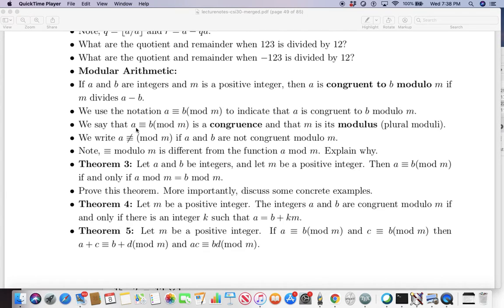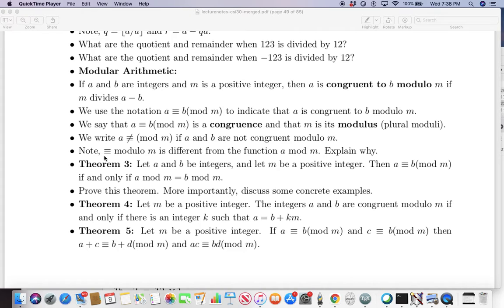We say that a ≡ b (mod m) is a congruence and that m is its modulus. The plural of modulus is moduli. We write a ≢ b (mod m) if a and b are not congruent modulo m.